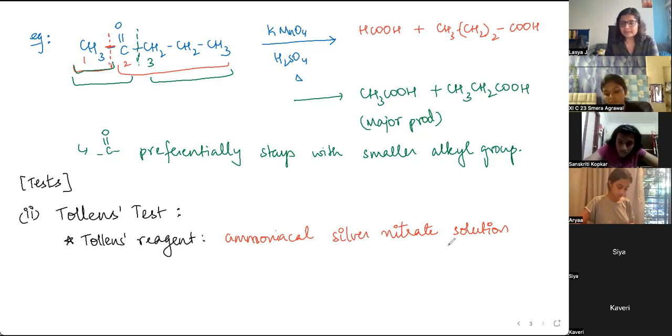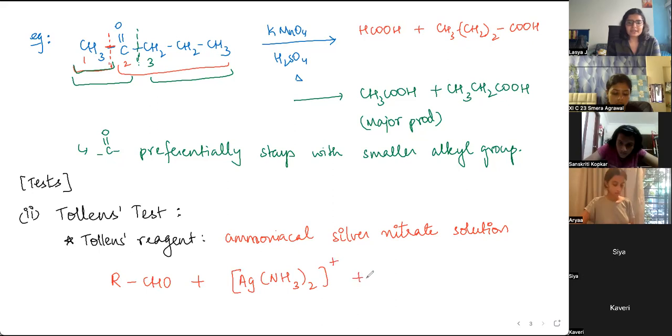So when you prepare this, chemically you end up getting this. So you have RCHO plus a complex of ammonia and silver ions, this cation, plus OH minus from the solution in water.